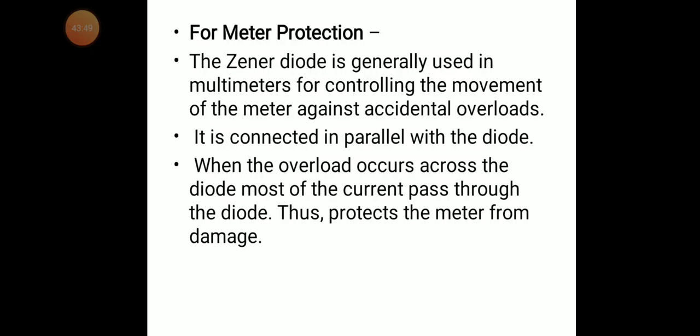So that is one of the best usages of the Zener diode. When the overload occurs, most of the current passes through the diode, thus protecting the meter from damage.